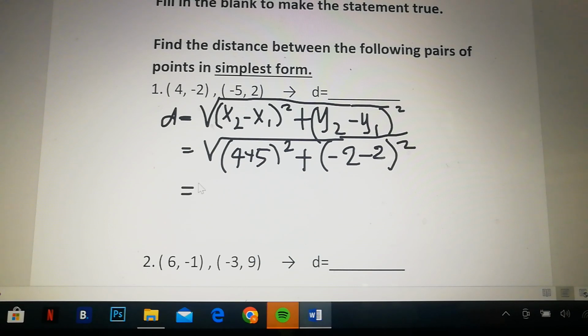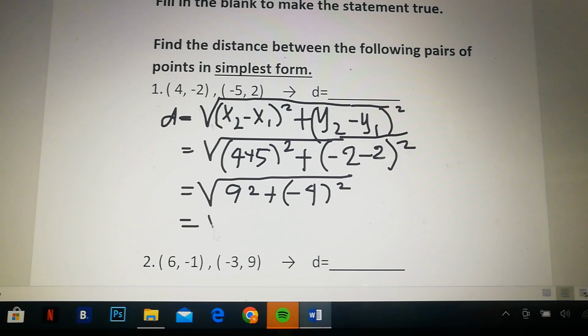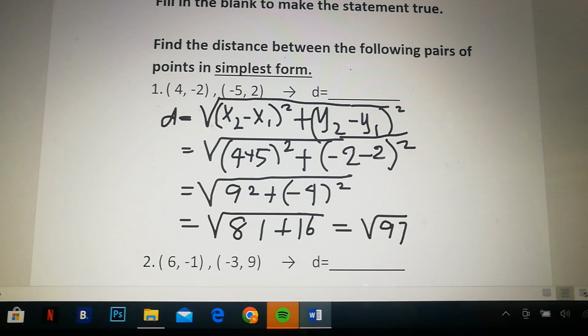So this is now equal to square root of 9 squared plus negative 4 squared, equal to square root of 81 plus 16, equal to square root of 97. So the answer is square root of 97.